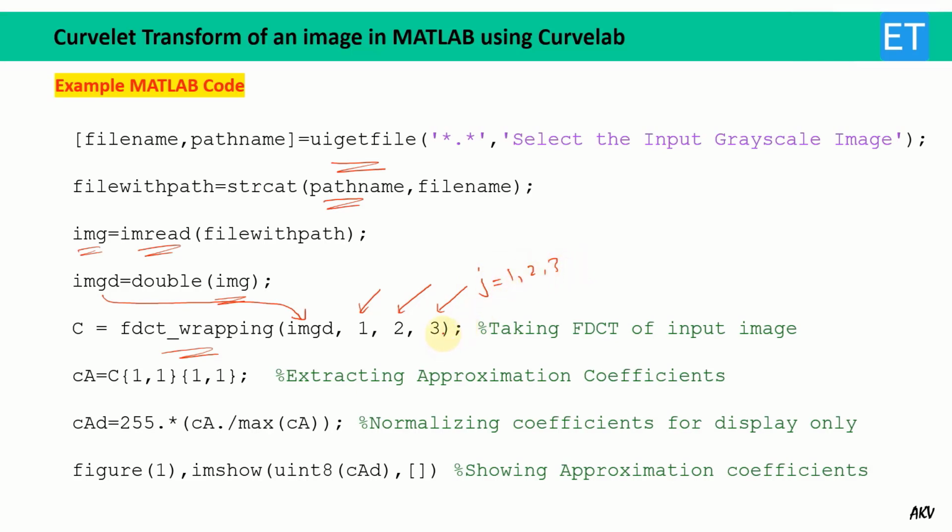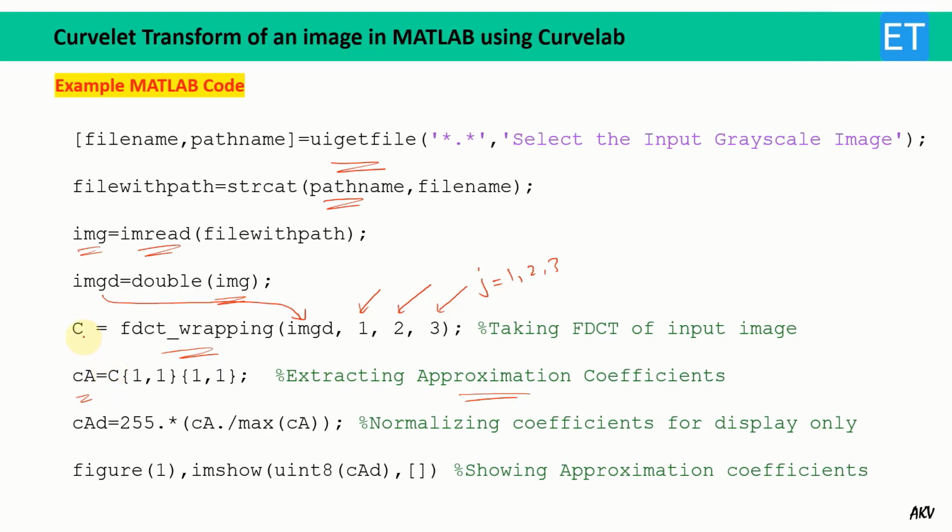If you don't define it, the algorithm will take it according to the formula, which is log2 of the minimum of m, n minus 3, as I explained before. And now I'm extracting the approximation coefficients in this variable CA.